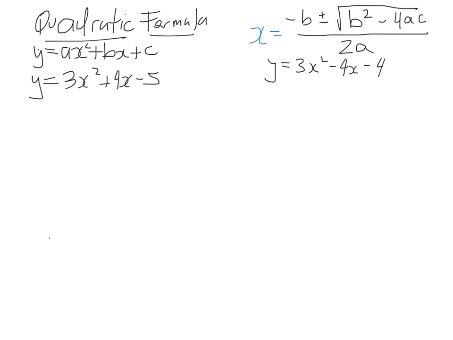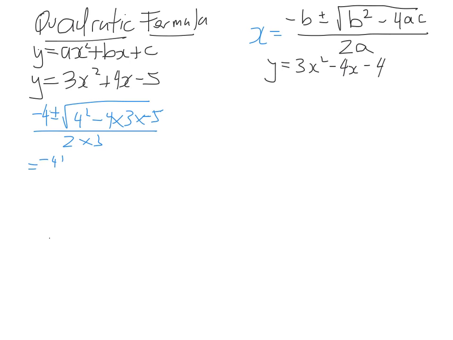So negative 4 plus or minus the square root of 4 squared minus 4 times 3 times negative 5, over 2 times 3. Then we simplify that.